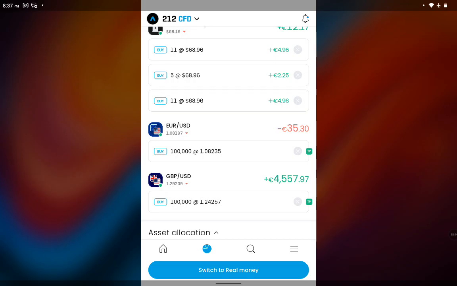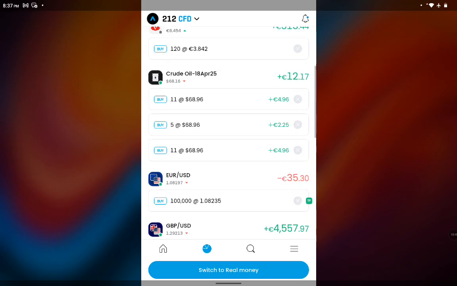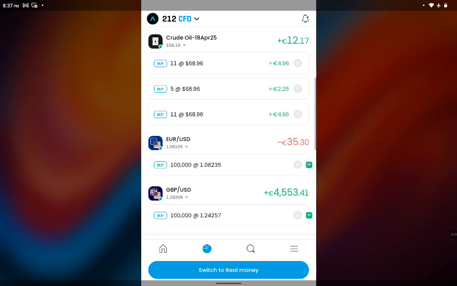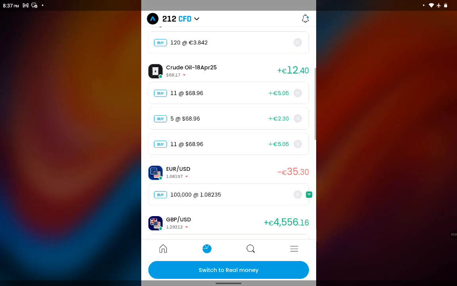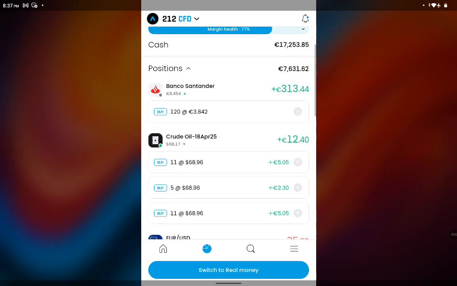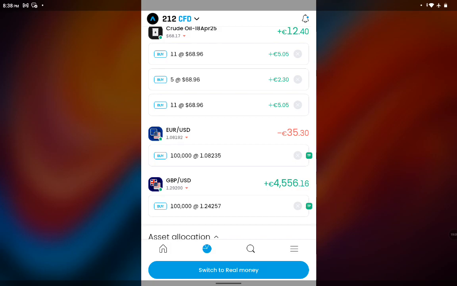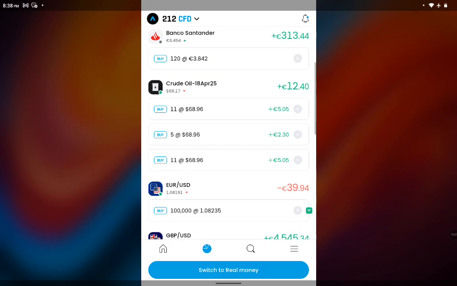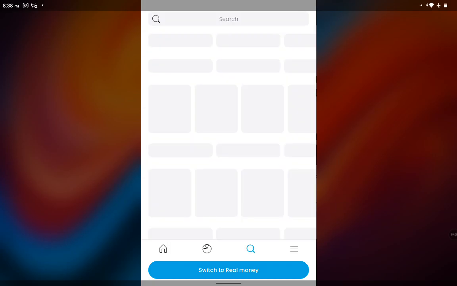I opened this Great British Pound in February. This was the one I opened just before I started, but obviously this was a bearish trend, I think, but I'm buying right now. But yeah, whatever, it's just to test that market. But let's focus on what we're doing right now, focusing on USD.